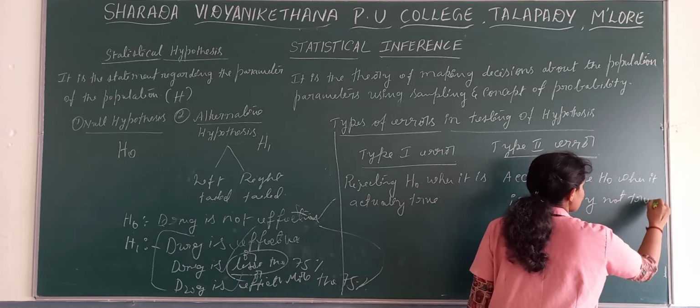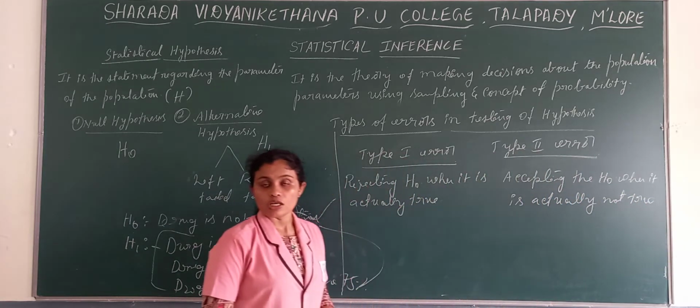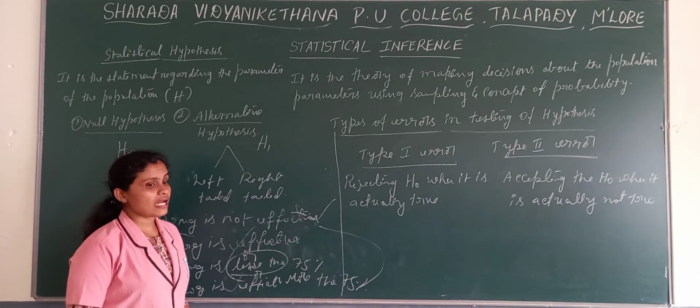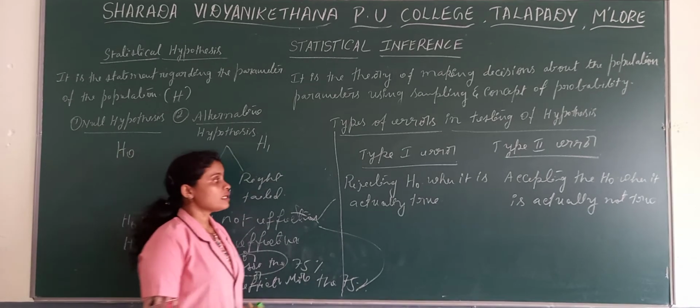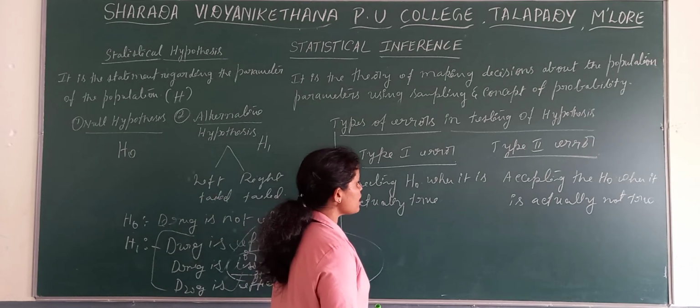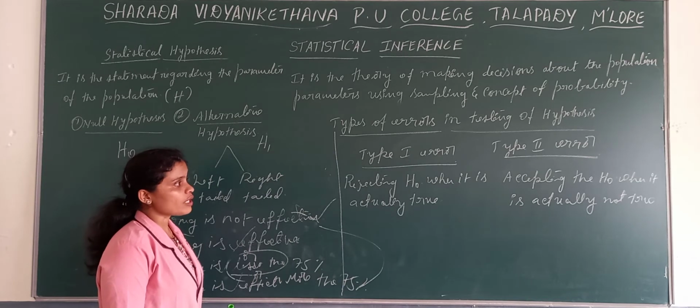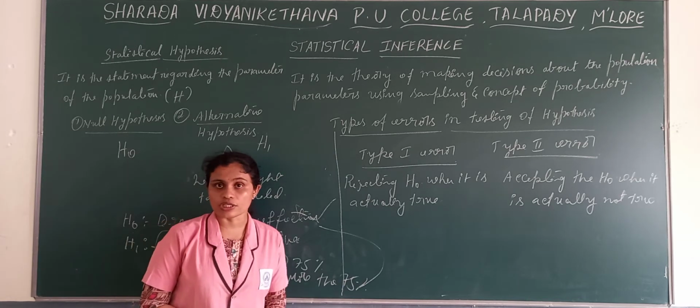So there are two kinds of errors, that is type 1 error and type 2 error. Type 1 error is rejecting the null hypothesis when it is actually true, and type 2 error is accepting the null hypothesis when it is not actually true.